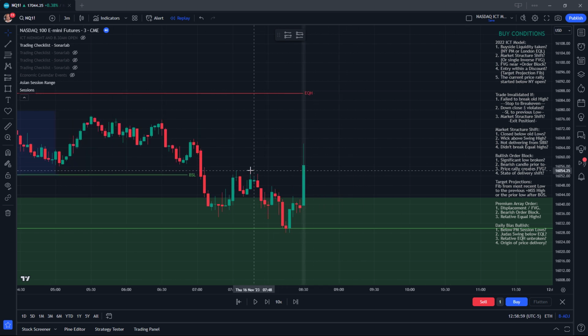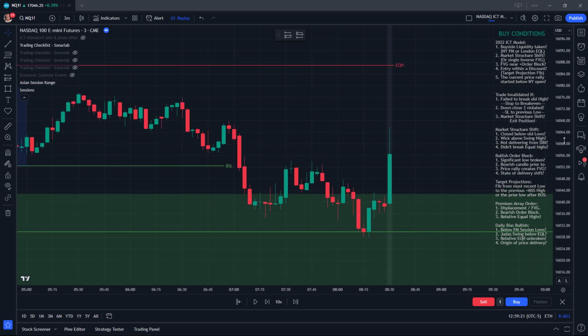So rather than writing this on the chart, we've seen that happen here. Market structure shift, close below old low, wicked above swing high. Not delivering from SIBI. Nope, it's delivering from a BISI, so that's good. Didn't break equal highs.